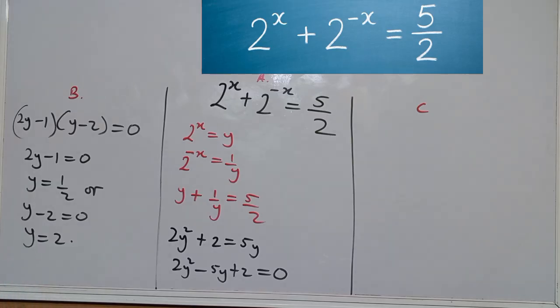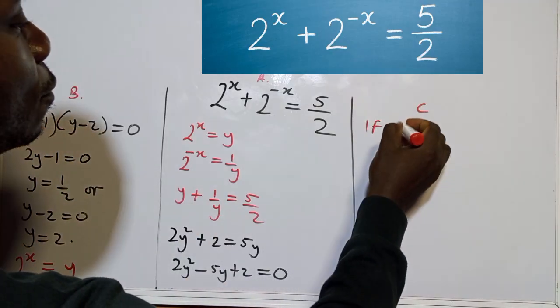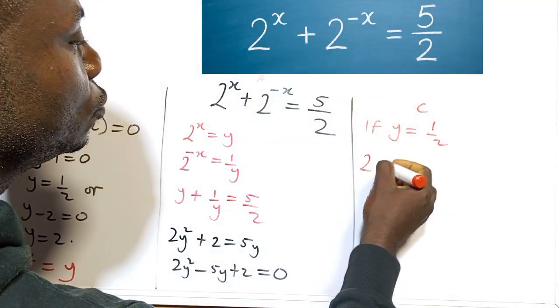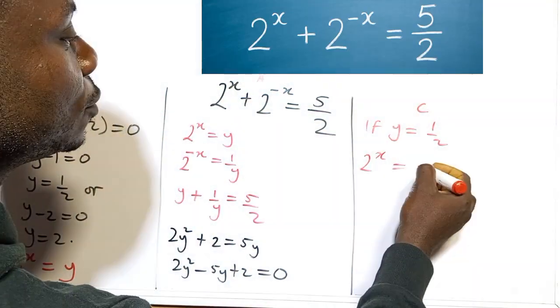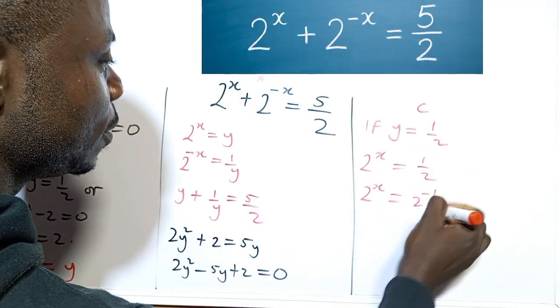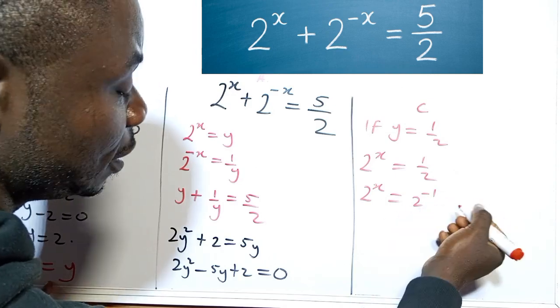Now recall that 2 raised to power s is equal to y. Then if y is equal to 1 over 2, then 2 raised to power s is equal to 1 over 2. 1 half is the same thing as 2 raised to power minus 1 in indices.